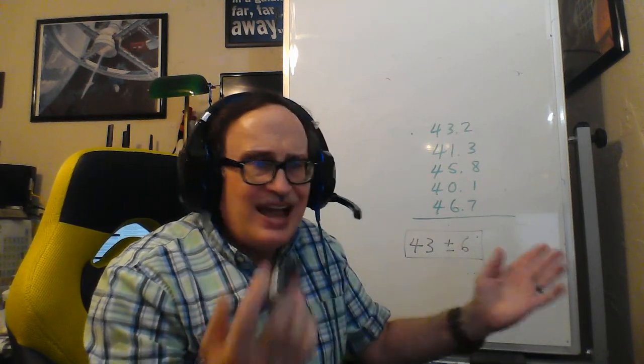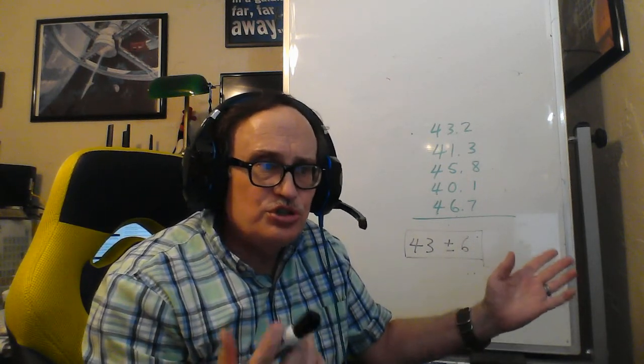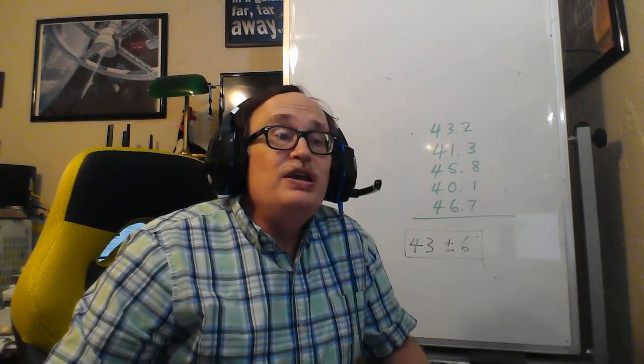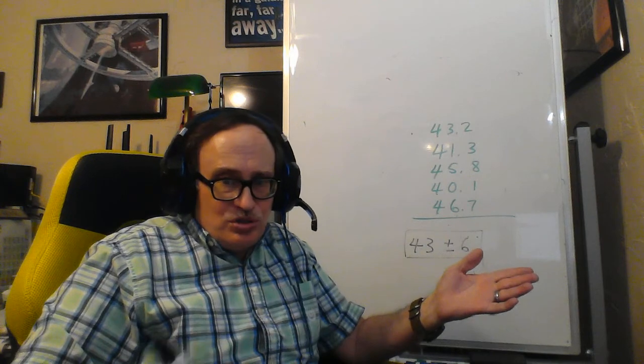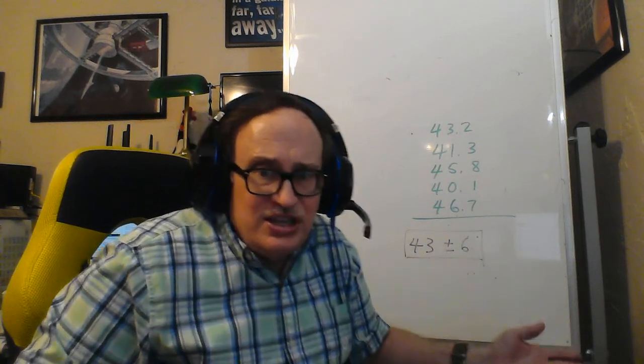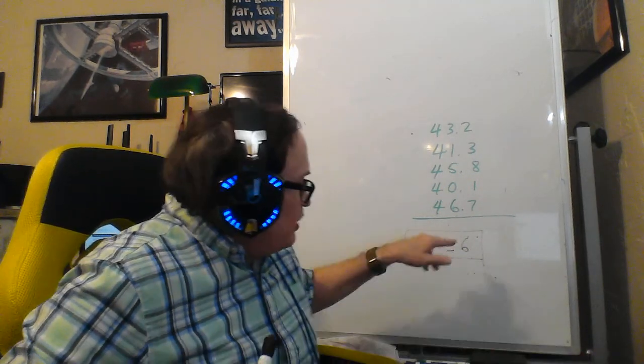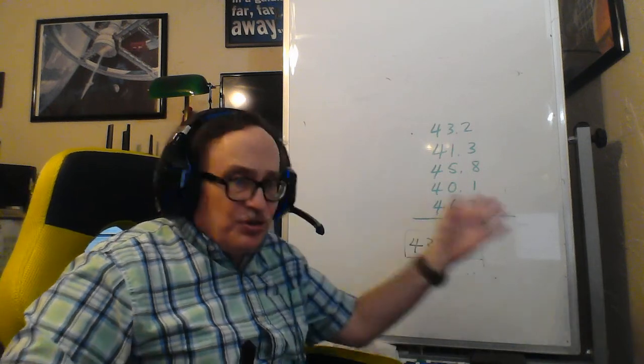You can be 90-something percent sure that the very next measurement is going to be in that range. You're probably 60-70% sure that it's going to be 43 plus or minus 3.